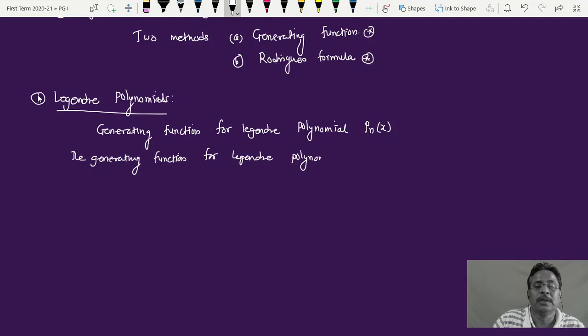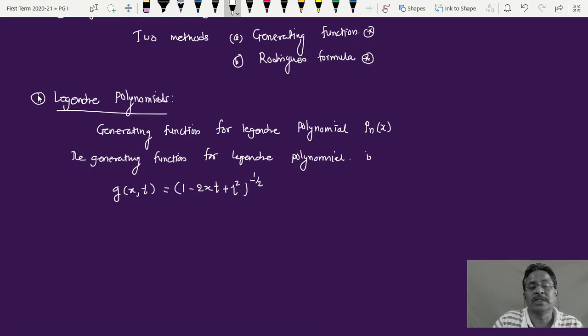I am using polynomial and function as the same word. At the polynomial level it is this: a function g of two variables x and t. G of x, t is equal to (1 minus 2xt plus t squared) raised to minus half.